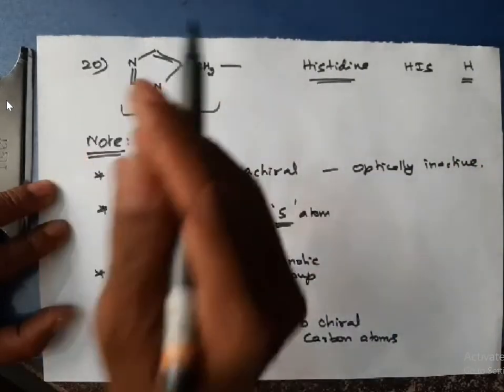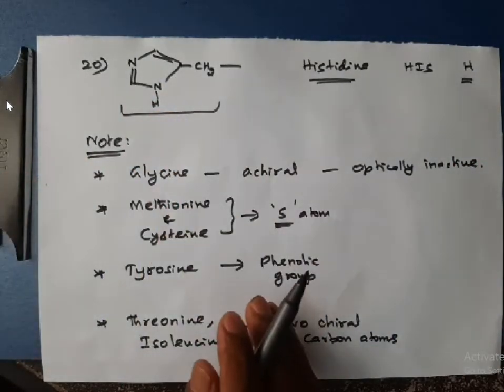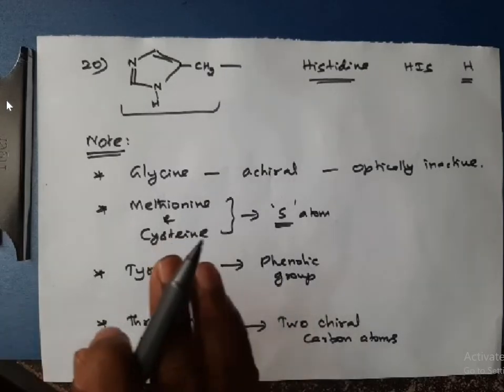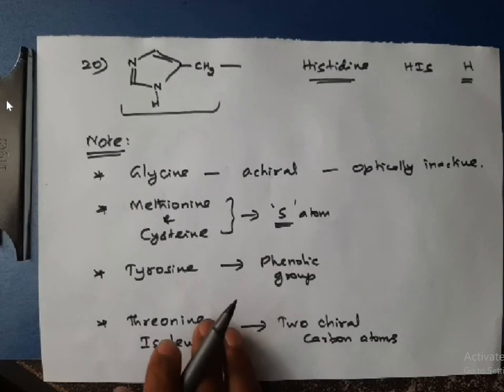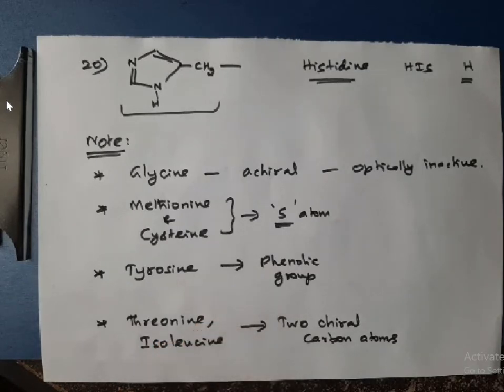These are all the 20 different alpha amino acids present in animal proteins as well as plant proteins. Some plant proteins also contain beta amino acids, but if you take animal proteins, almost all animal proteins are made up of only these 20 different alpha amino acids.